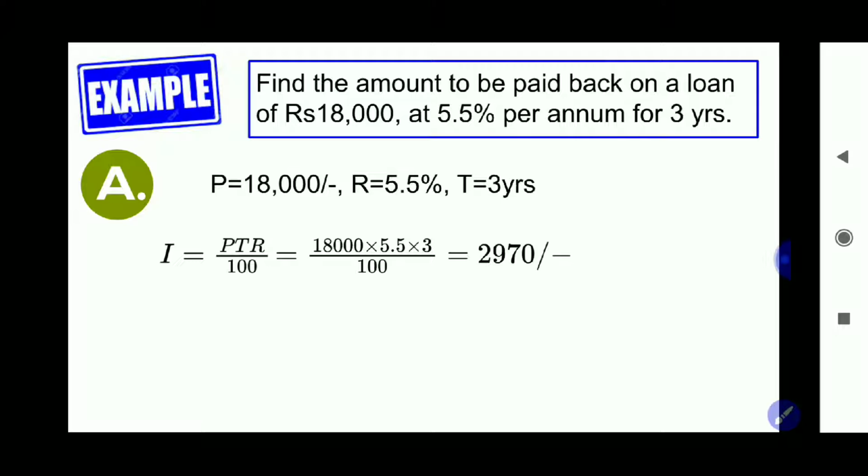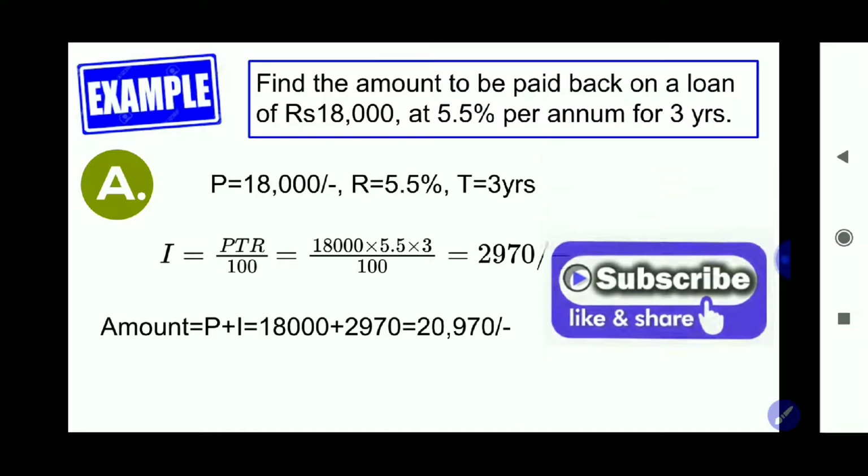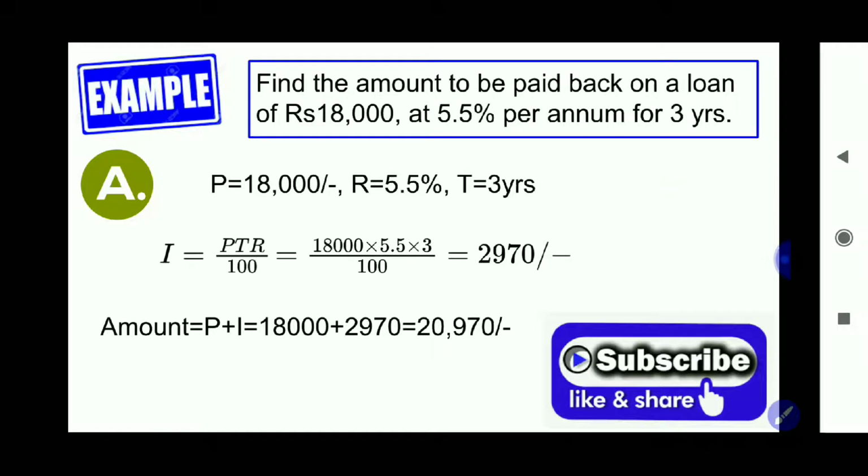Hence it is 18,000 × 5.5 × 3/100. Its answer is 2,970 rupees. So the amount to be paid after 3 years is equal to principal plus interest. That is 18,000 plus 2,970. That means 20,970 rupees.